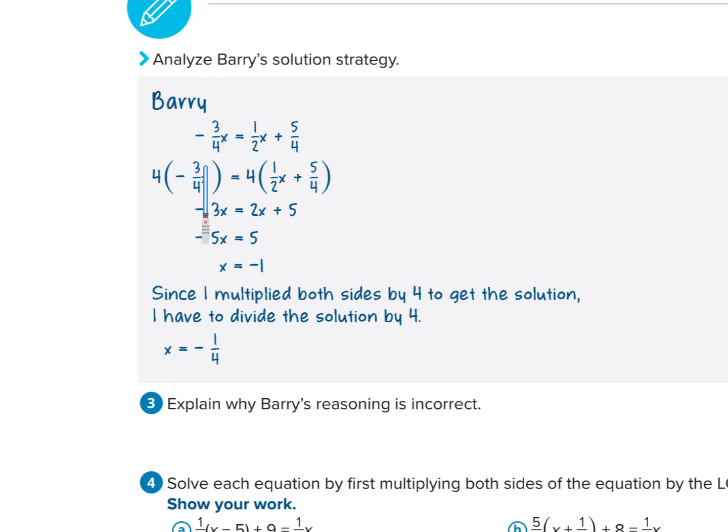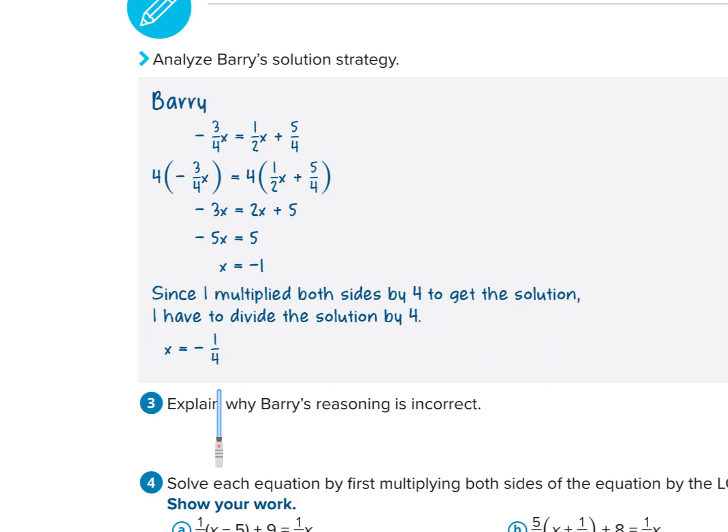I do 4 times negative 3/4 x, and we get negative 3x. And I do 4 times 1/2 x to get 2x, 4 times 5/4 x to get 5. Then we go on to solve, and we get x equals negative 1. You're going to get the same answer even if you were to leave the fractions the same.